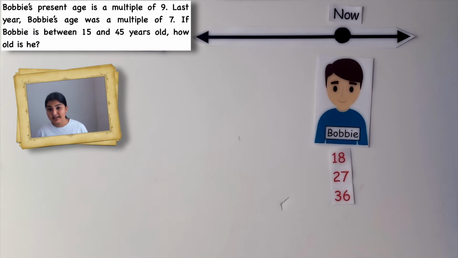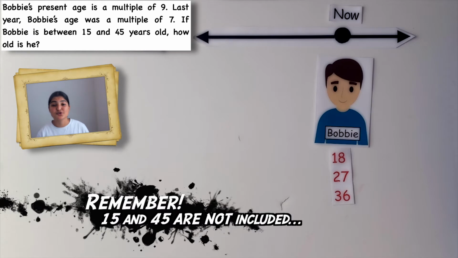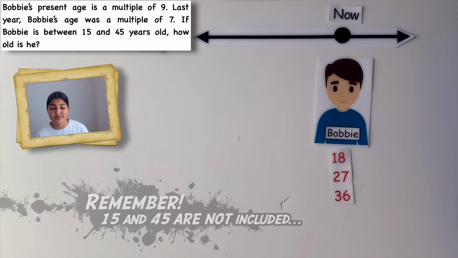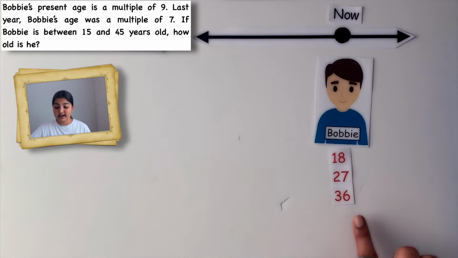But keep in mind that these multiples do not include 15 and 45. They are only the multiples of 9 between 15 and 45.